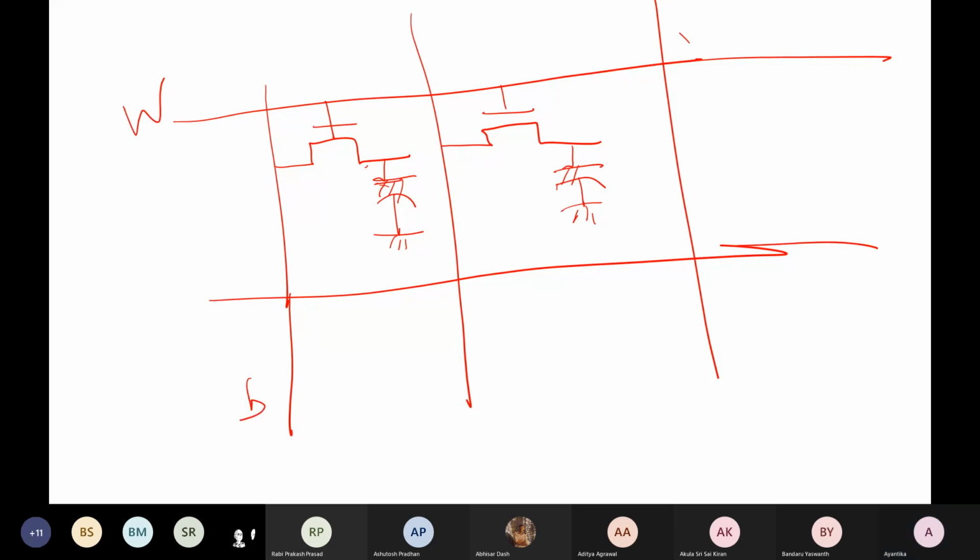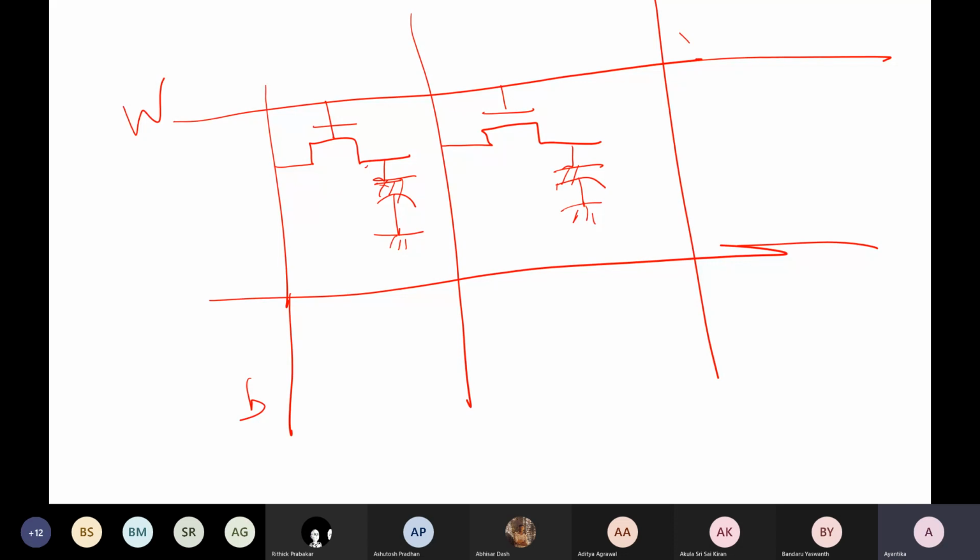Now what happens if we try to read values from these memory cells? We cannot do that separately, because reading or writing values in memory cells is not an easy process.